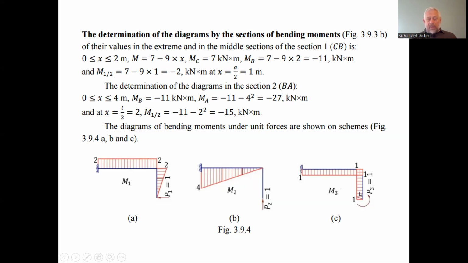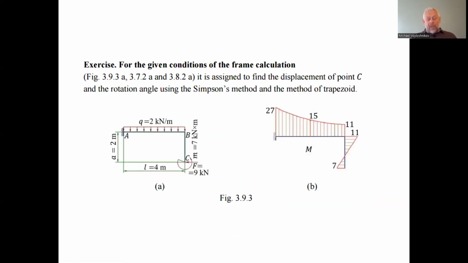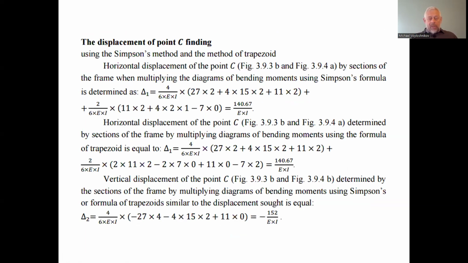And as well, we determine the diagrams on the stretched fibers of the elements of the mechanical system. This is just the calculation of the magnitudes of these moments. And the calculation as well of the magnitudes of the moments on the diagram of the bending of the elements of the mechanical system by the action of the external force.